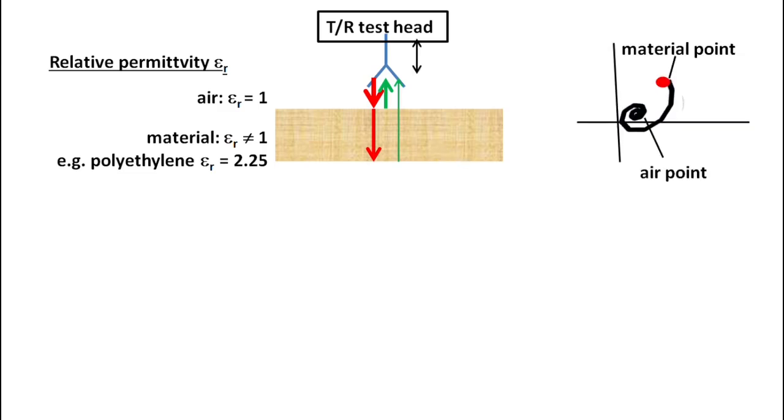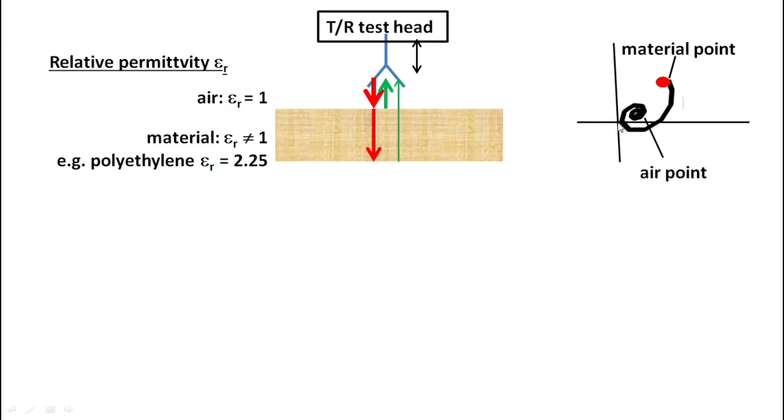When moving the test head in the distance from the surface, let's think first of a situation where it's very far away. Then we have what we might call the air point, when there's no influence of the material.